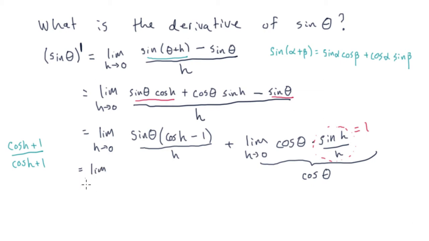So we have the limit as h goes to 0, we have the sine theta, and then we have cosine squared h minus 1, over h times cosine of h plus 1. And again, that's a little messy. That comes from just multiplying cosine of h minus 1 times cosine of h plus 1.